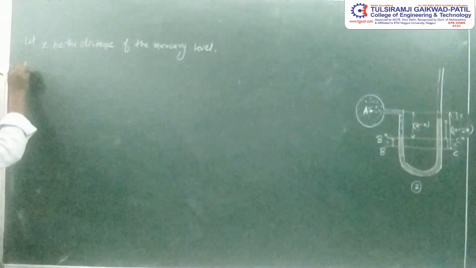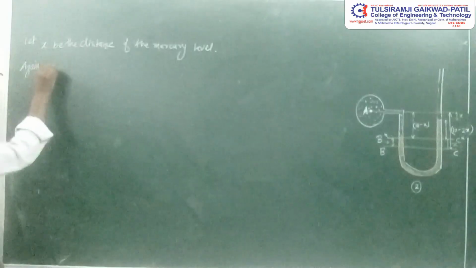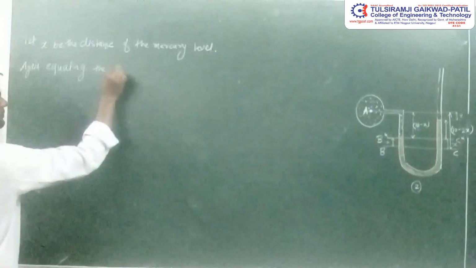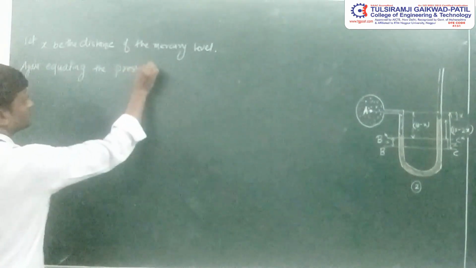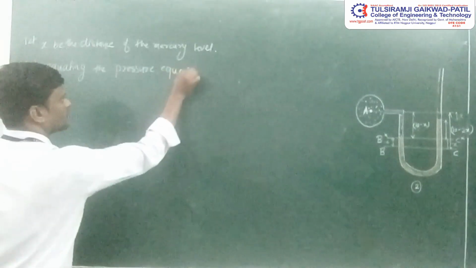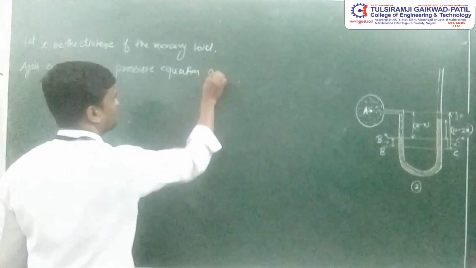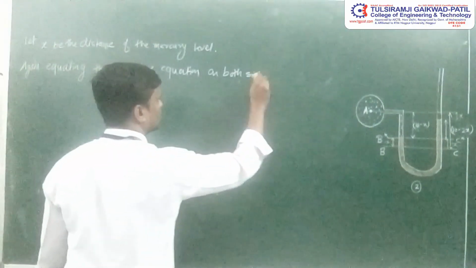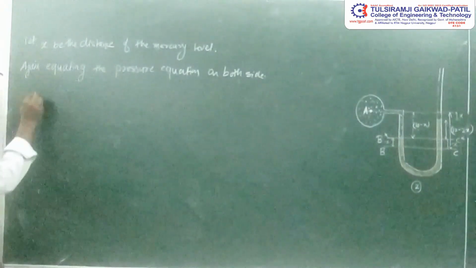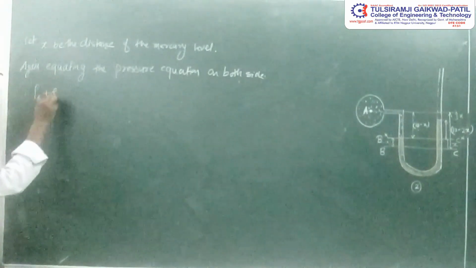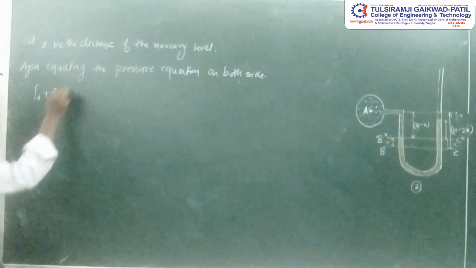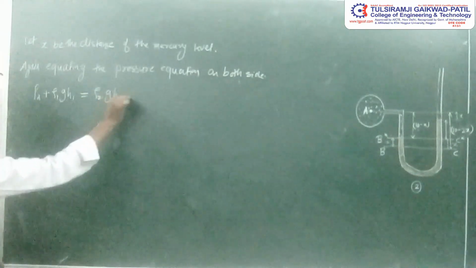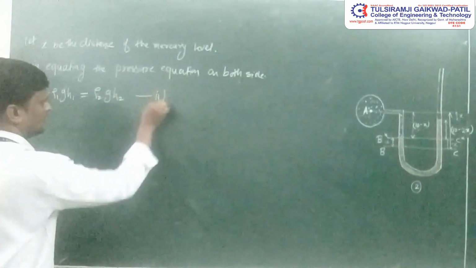So now again, equating the pressure equation on both sides. Therefore, what will be our equation? Same equation, PA plus ρ1 g H1 is equal to ρ2 g H2. So this is equation number 2.